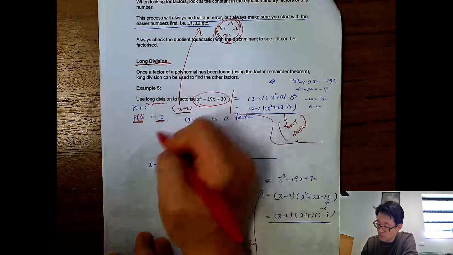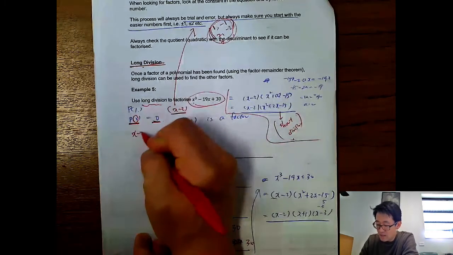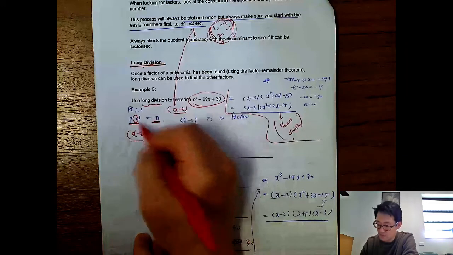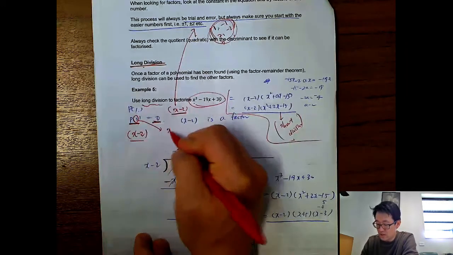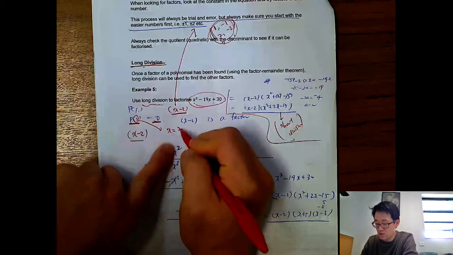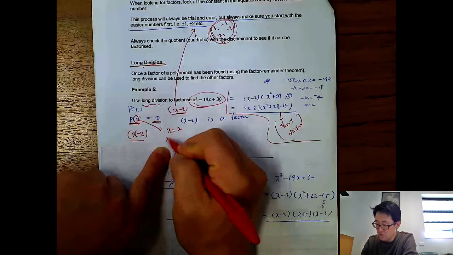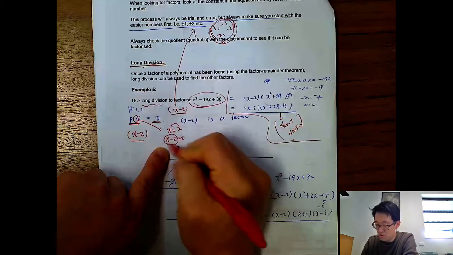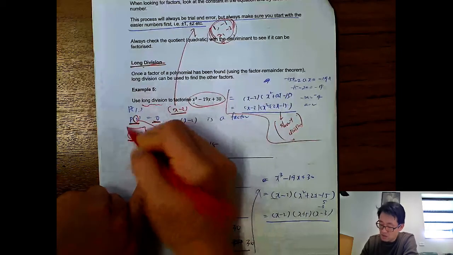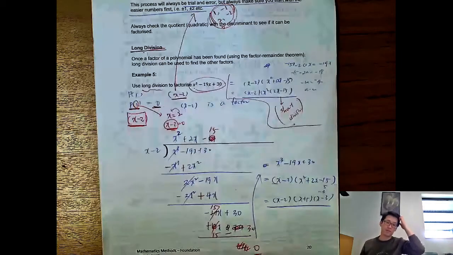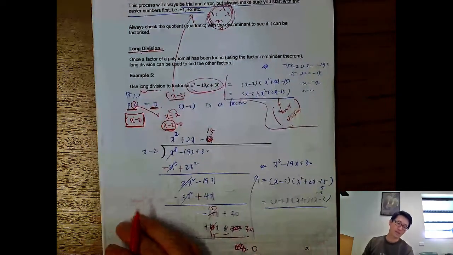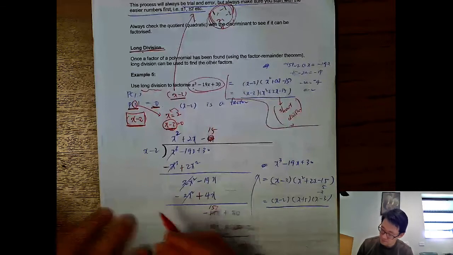Therefore, x minus 2 is a factor. Okay, we write this. X equals what? 2, isn't it? We make that 0. X minus 2 equals 0, moving this over. Therefore, x minus 2 is a factor. Make sure you're able to change it, or just use the opposite sign. That's another way you can think of.